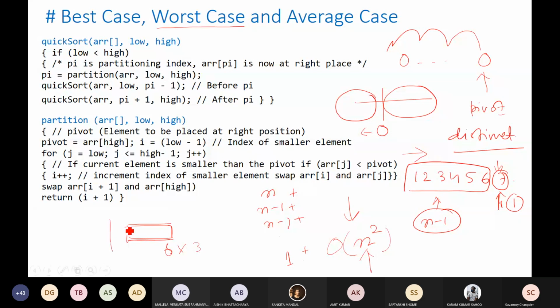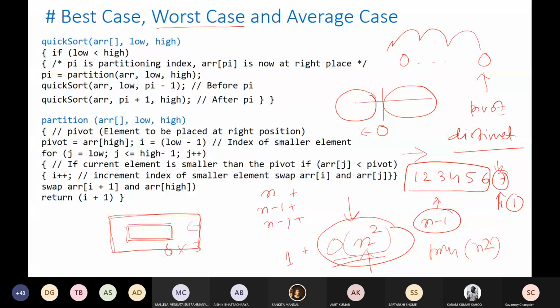If you provide me this much of space, obviously it will be sufficient. So worst case means at most this much of time is required to execute this algorithm. So in this case of quicksort, order of n square, that means a polynomial of n square, is sufficient for the execution.